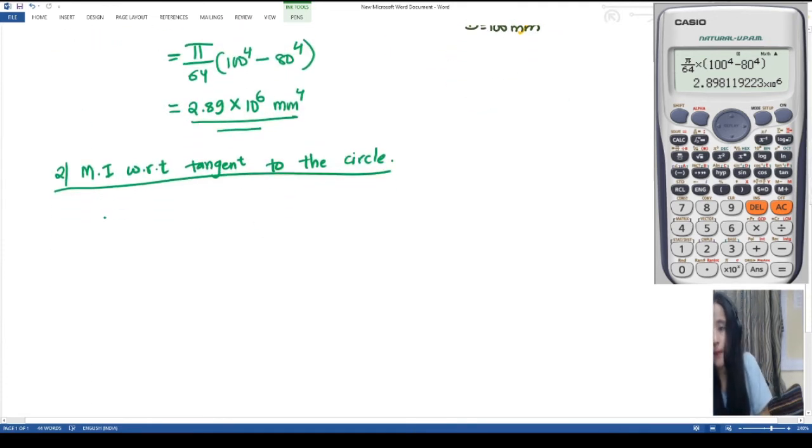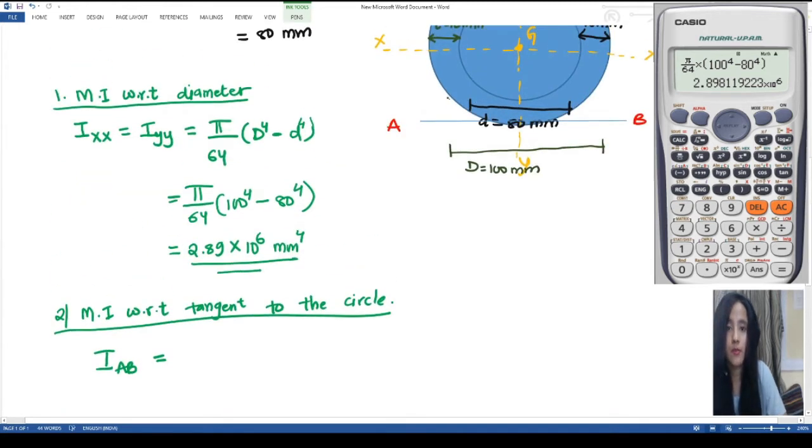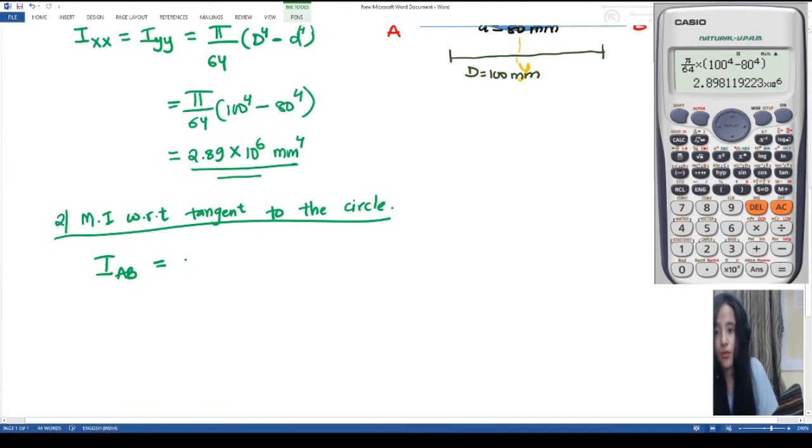So I have to find the moment of inertia about IAB. Here I have to apply the parallel axis theorem, and since line AB is running parallel with the x-axis, the formula will be equal to Ixx plus the area of the hollow circular section into its distance h squared. So this will be the formula.